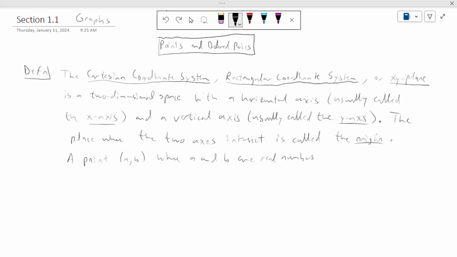So a point AB, where A and B are real numbers, can be plotted on the XY plane, where A is the distance that the point is from the y-axis, from the vertical axis, I'll say.